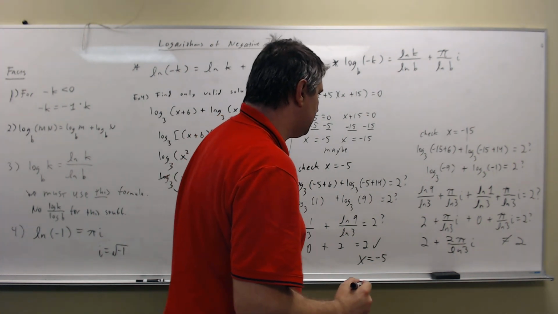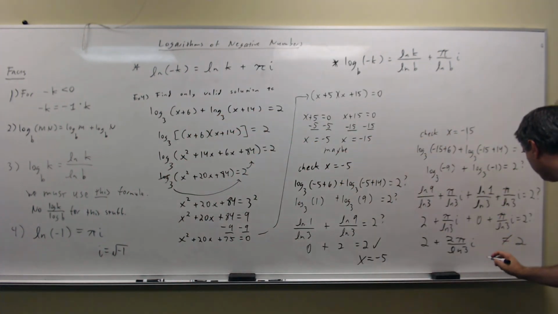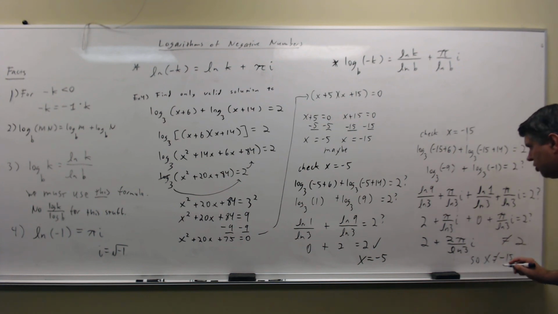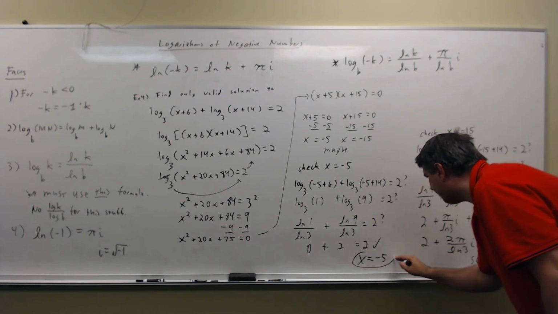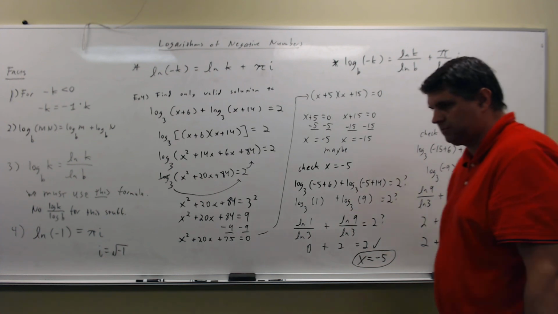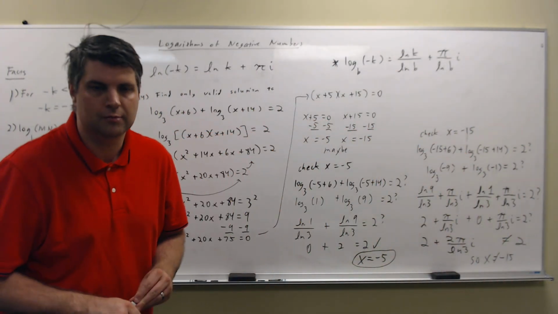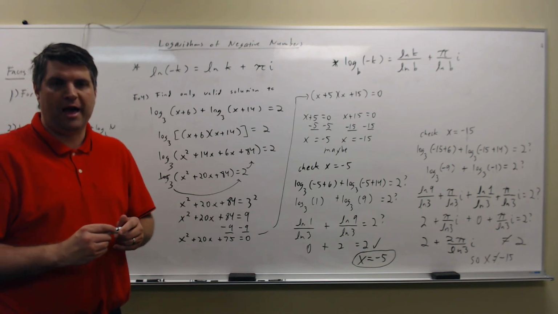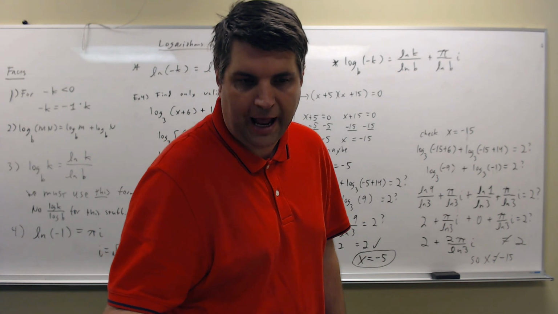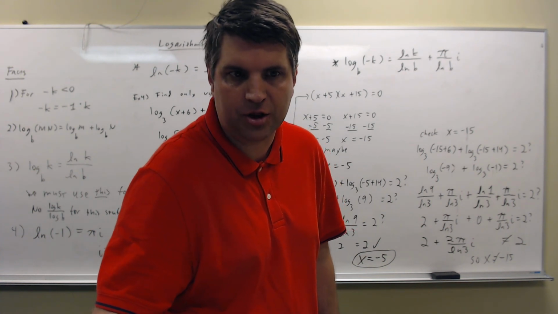So this means that x does not equal negative 15. So only x equals negative 5 is valid. All right, and I hope that explains a great deal about advanced logarithmic equations.